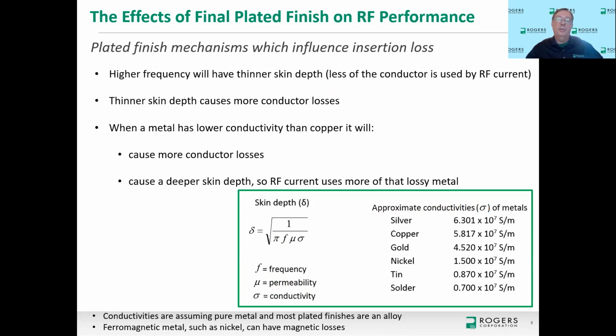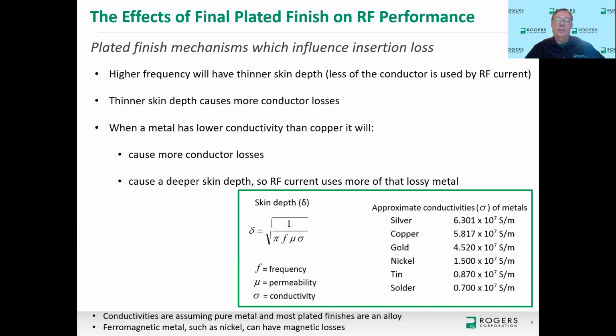And also I wanted to point out the skin depth formula. What's interesting about this is it gives you a hint to why these different metals cause more losses due to being plated to the copper. One reason is the conductivity will make a difference in skin depth. So it's kind of a double-edged sword in the case of ENIG, where nickel is less conductive than copper by about a quarter or so, a pretty significant difference.